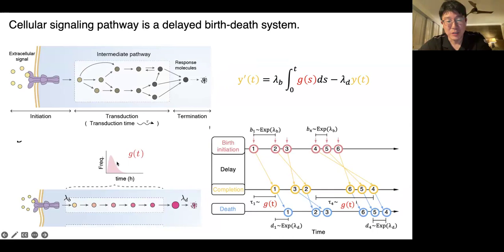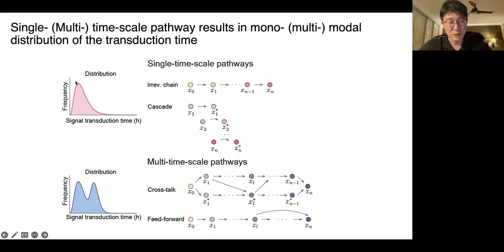This delay distribution doesn't need to be a unimodal distribution, but sometimes it could be a bimodal or trimodal distribution, so it can be various shapes. But importantly, the shape of this time delay distribution has very important information about the underlying network structure. If it is a unimodal distribution, then it indicates that the pathway is a single time scale pathway.